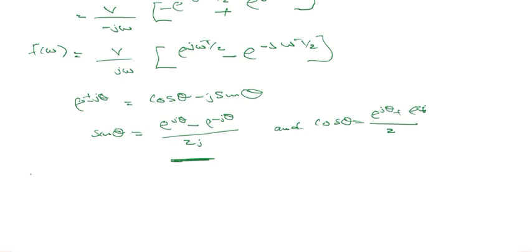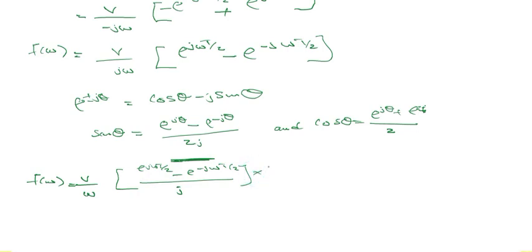Further simplifying, F of omega is equal to v over omega, open brackets, exponential j omega t over 2 minus exponential minus j omega t over 2, all over j, right? This is the j we brought out. In mathematics, whenever we want to manipulate, we can multiply our equation by 1.